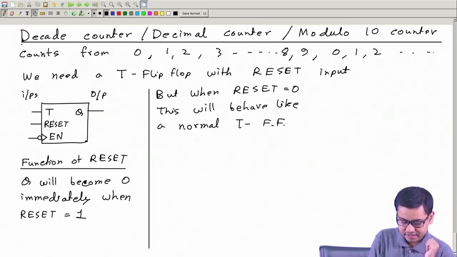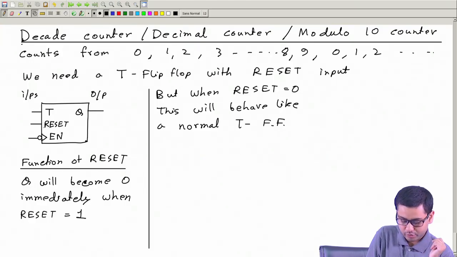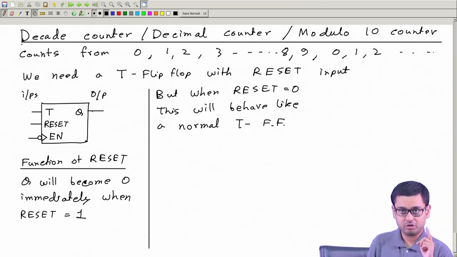But this reset is a new input which will make the output equal to 0 no matter what the previous value was. If it was 0, it will become 0, and if it is 1, it will also become 0. No matter what the previous value is, the output will become 0 immediately.